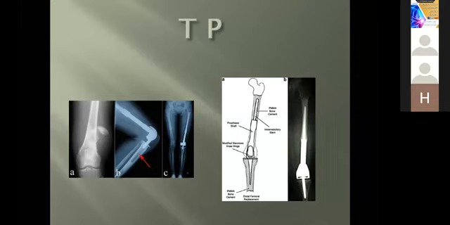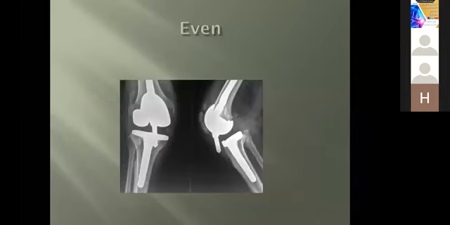That's why it's mainly for very low demand patients and tumor patients. Even with the rotating hinge, you can have dislocation if you couldn't balance your gaps. So I put this slide near the end of my presentation to say that whatever the constraint of your design, it's not an alternative for good surgical technique.